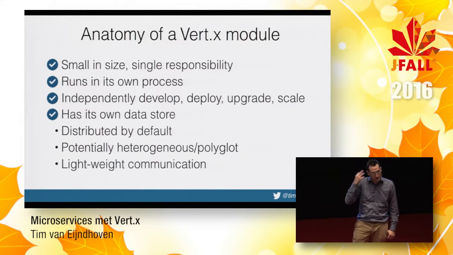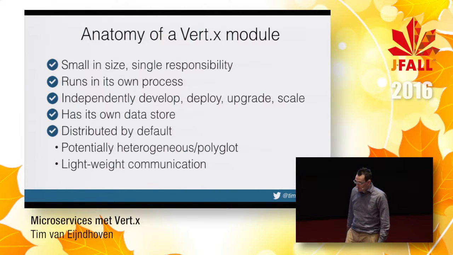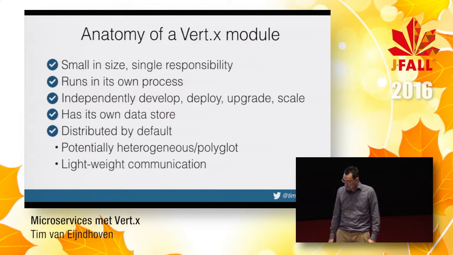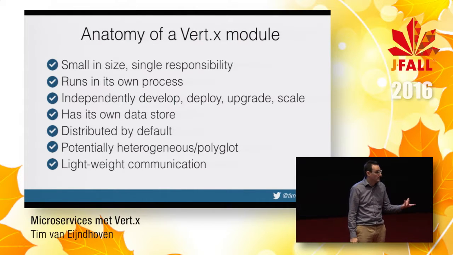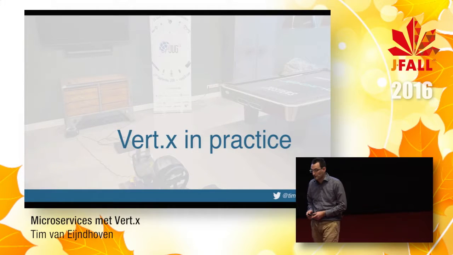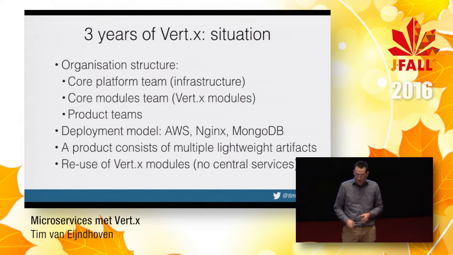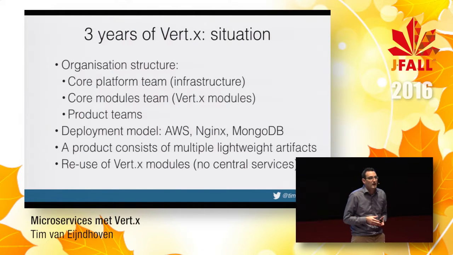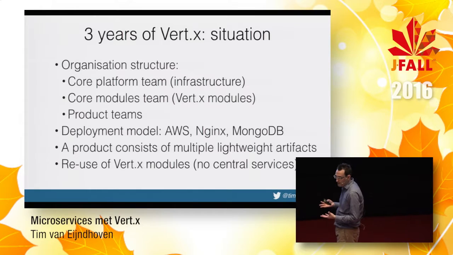Its own data store, that's just the way you program it. Distributed by default by the event bus. It's polyglot, and it uses string communication over the event bus. So I will not go through all the slides, but basically what we saw happening was that Vert.x has allowed us to scale our applications very well.